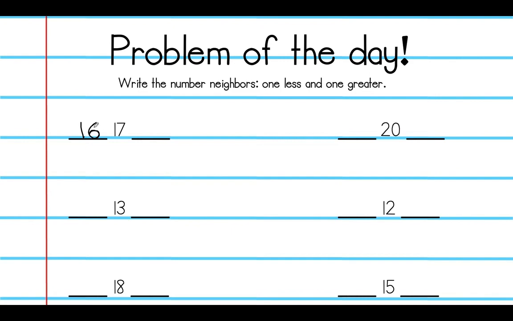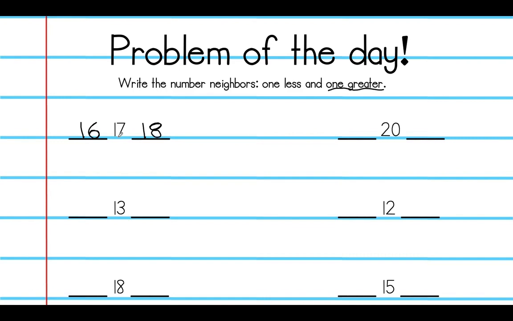So counting in order, 16, 17, then what number is going to come after 17, which would be 1 greater. Right here it says 1 greater. So the number after 17 would be 18. And that would look like this. So the number just before is 16.